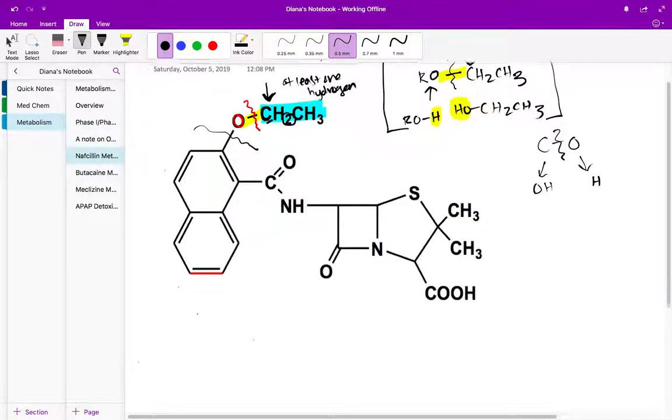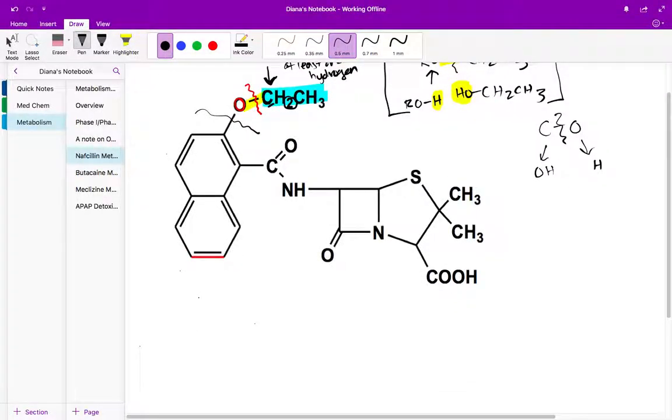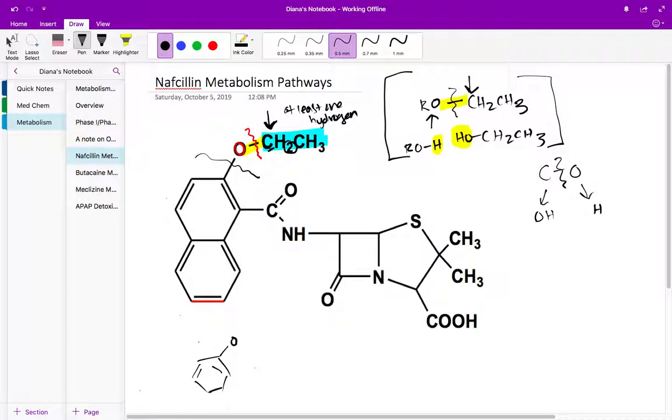So then you can rewrite this molecule. What would happen is you would see that top molecule, that top benzene ring. We cleave that oxygen-carbon bond, so now the oxygen side, which is this side right here, got the addition of a hydrogen.